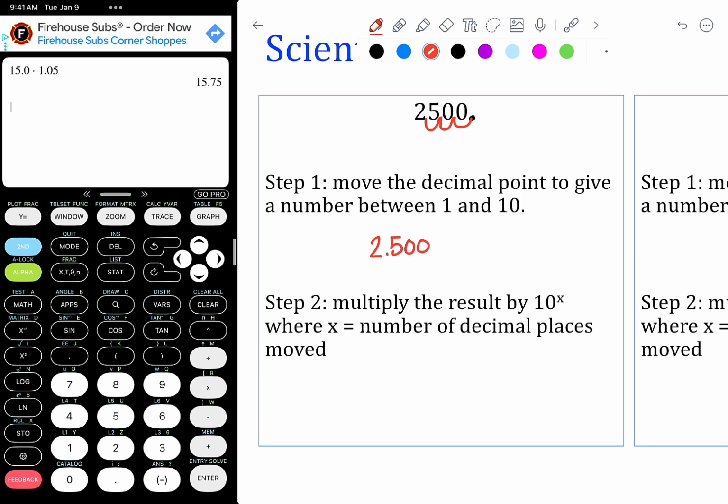Next up, we multiply the result by 10 raised to the x, where x is the number of decimal places moved. So we're going to do 2.500 times 10. And we're looking at x now. How many times did I move my decimal place? Well, I did 1, 2, 3. So my x value would be 3.